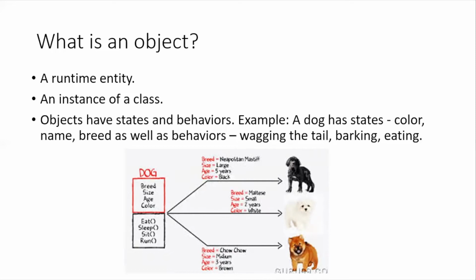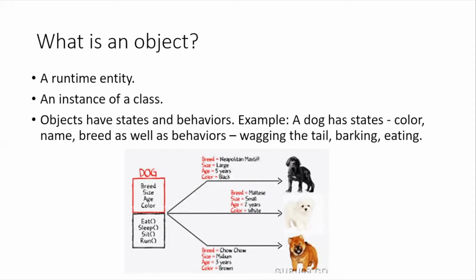So we can see multiple objects around us in real life, like a car is an object, a book is an object, person is an object. So I have considered one example as a dog. So when I look at the dog, every dog has the same features.